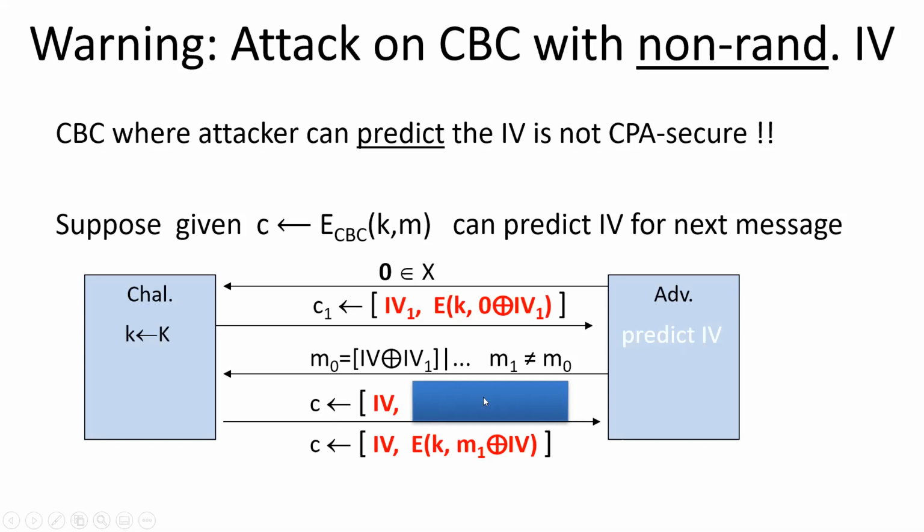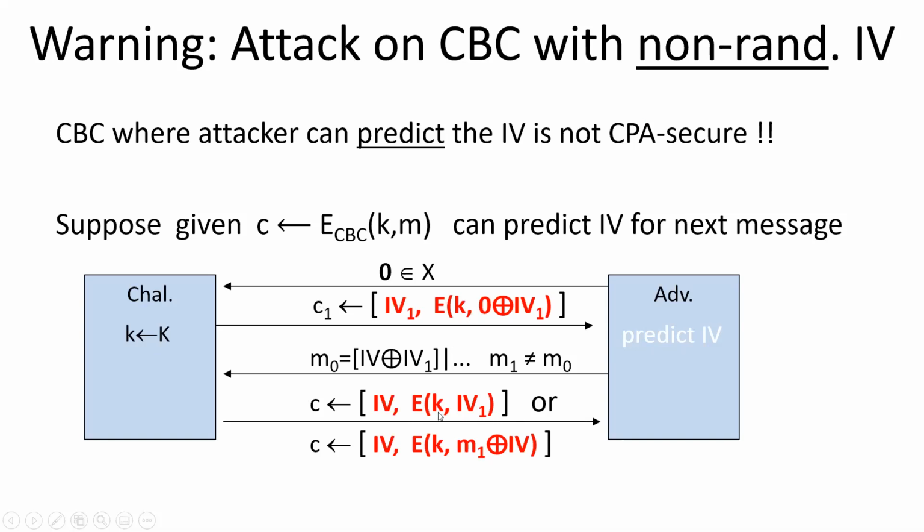What do we see here? We see an encryption E_K of M0 masked with IV, but M0 is an IV XORed IV1, therefore IV and IV will cancel, and it will be just E_K of IV1, which we have seen here, right? So therefore, the attacker can distinguish this case from this case because he compares this block, the second block of the ciphertext, which is either this or that, to the second block of this ciphertext.